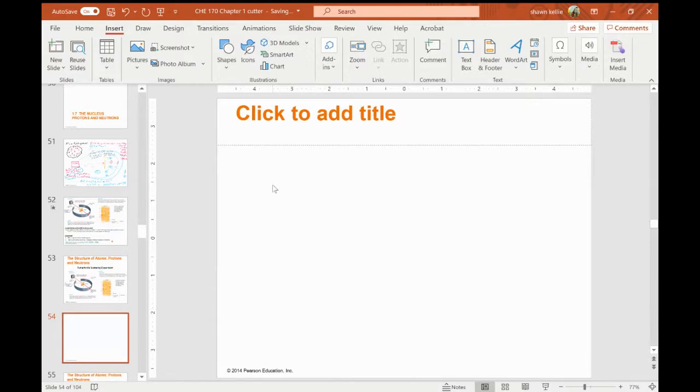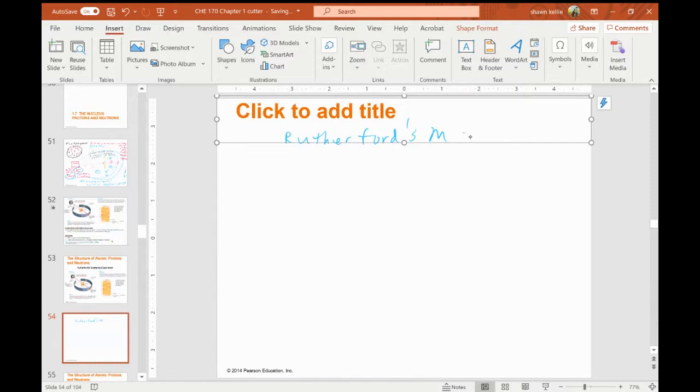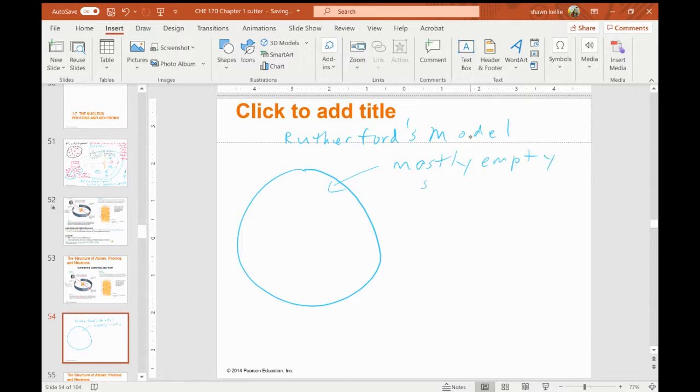So Rutherford's model of the atom said the atom was mostly empty space, and in this empty space, the electron cloud, the electrons were located.